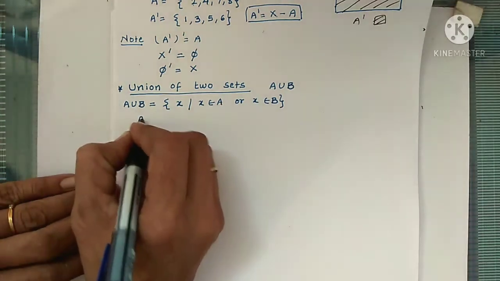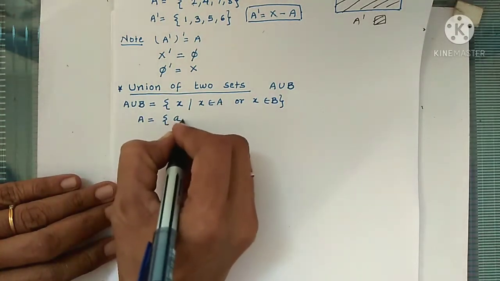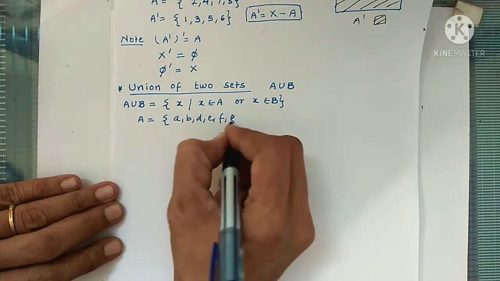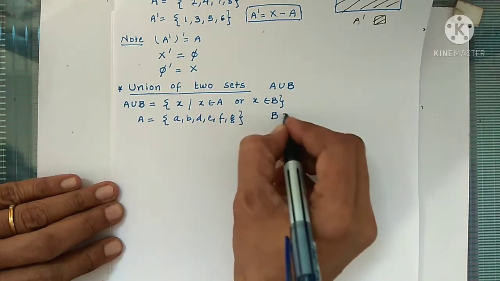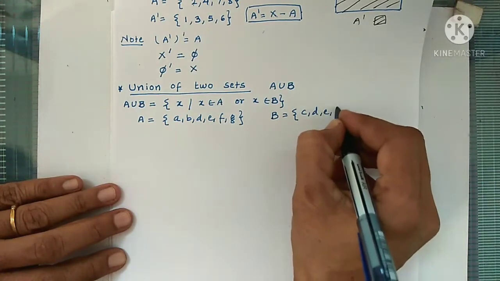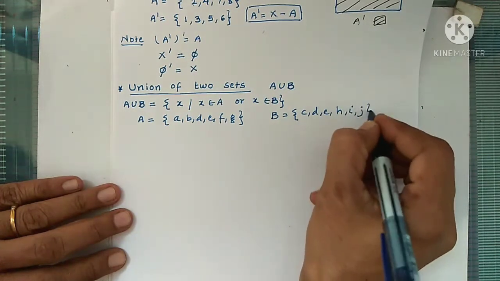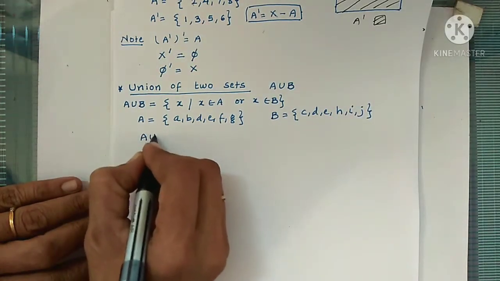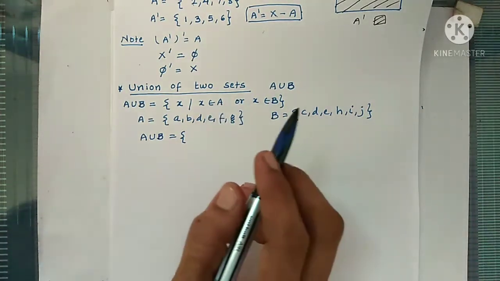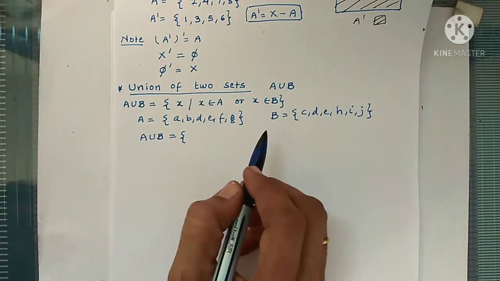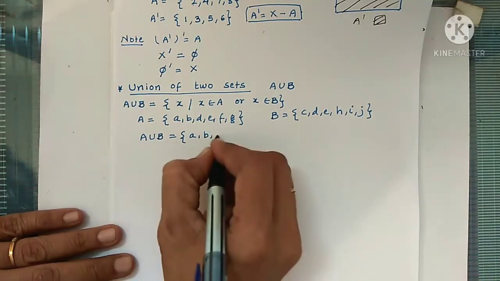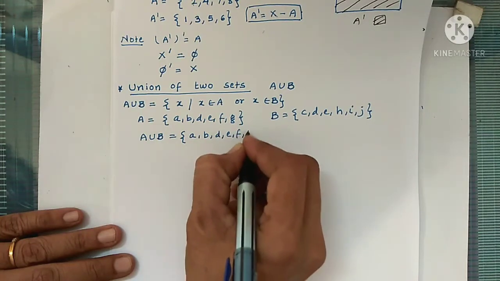For example, if I take A equal to a, b, d, e, f, g, and set B equal to c, d, e, h, i, z, then for A union B, x belongs to A means we have to write all members of A and all members of B. So first let's write the members of A: a, b, d, e, f, g.